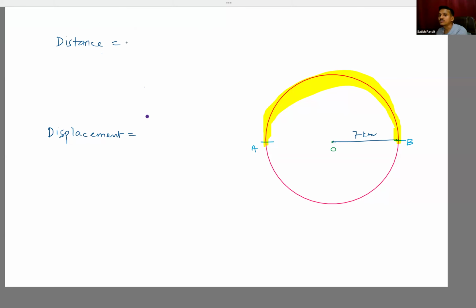Circular ground, 7 kilometers. Try. No, Aditya, check, check, check.